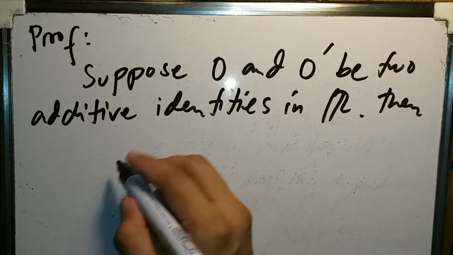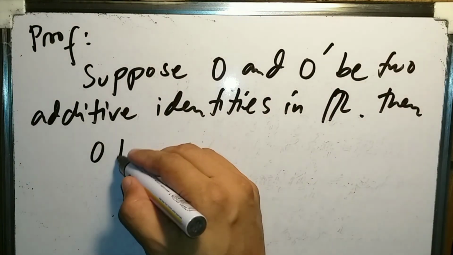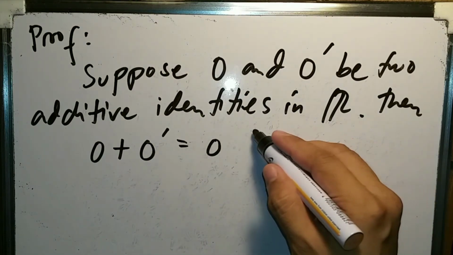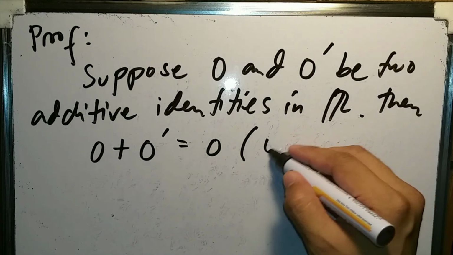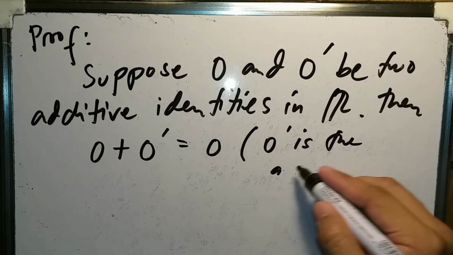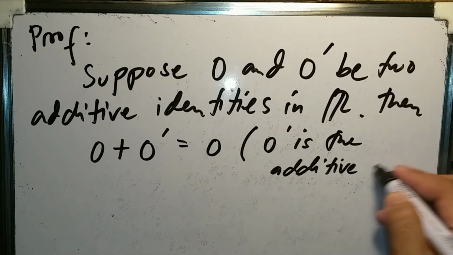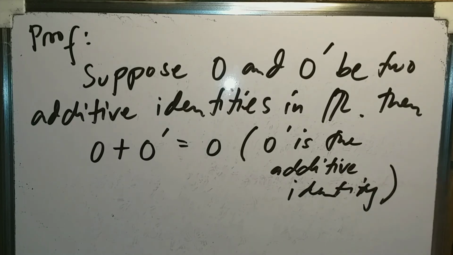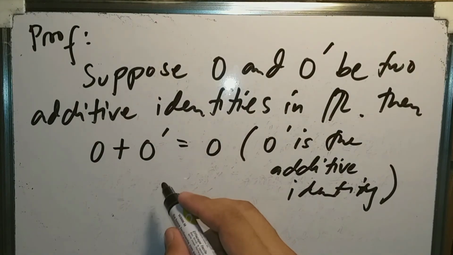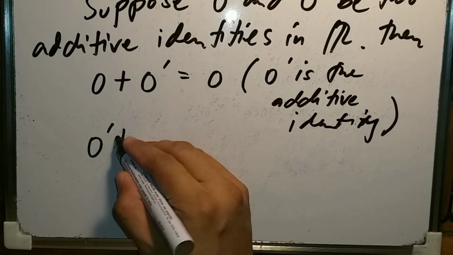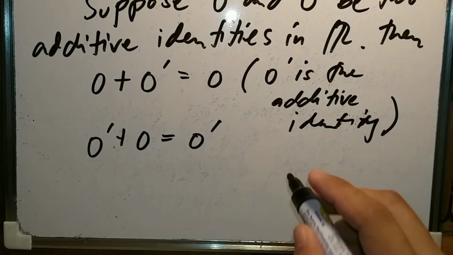Then we may write 0 plus 0 prime equals 0. For this statement, 0 prime is the additive identity. And then we also have 0 prime plus 0 equals 0 prime.